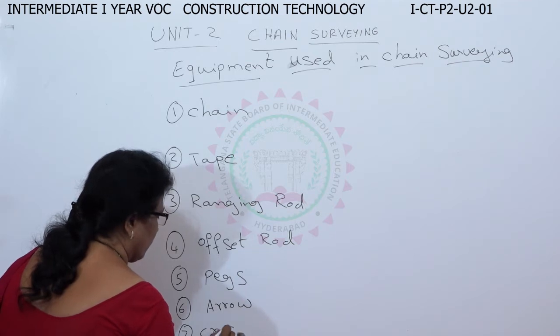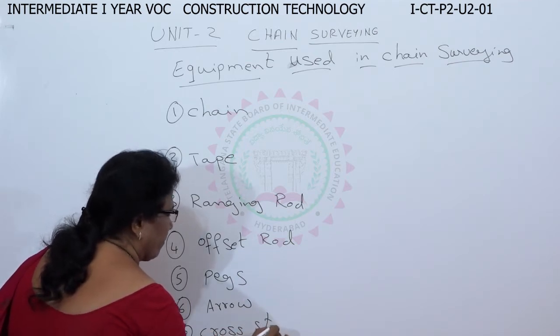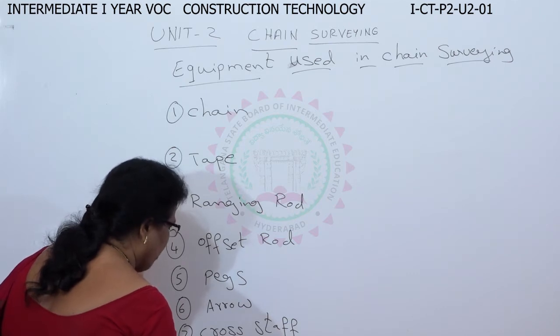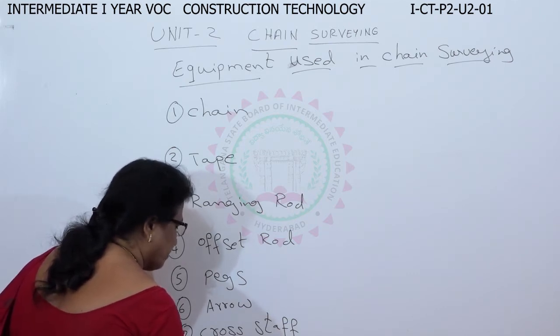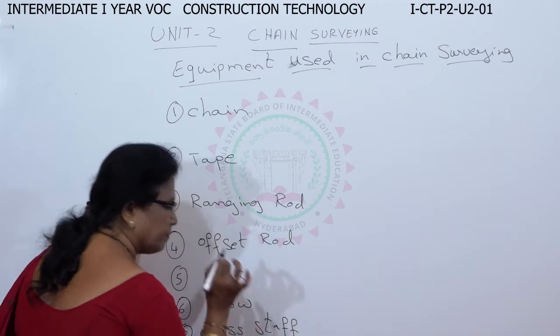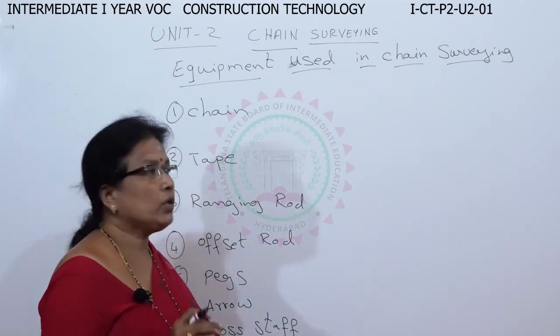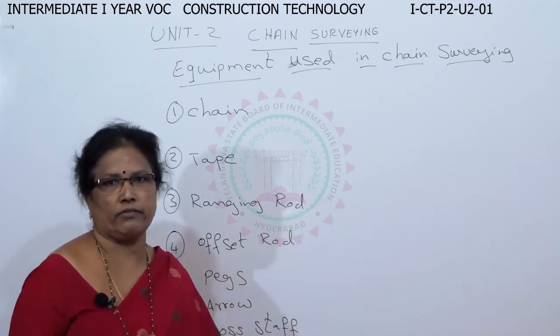Cross staff. And plumb bob. These are the different equipment we will be using while doing chain surveying.